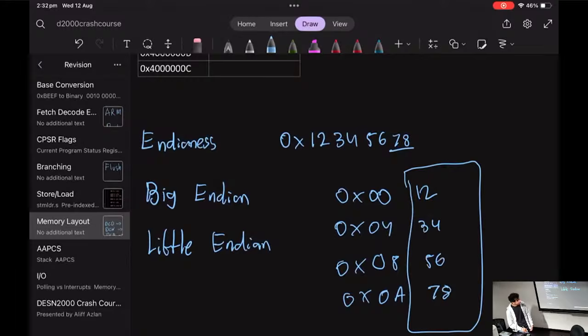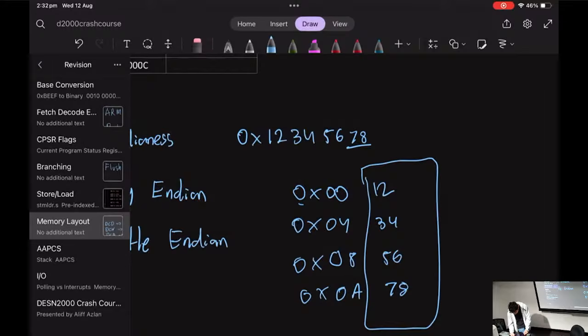Now little endian is the opposite. The last byte goes onto the smallest memory address. So what's the last byte here? 78. And what's the smallest address we can fit? 00. So what this would look like is 78, 56, 34, 12. Cool.